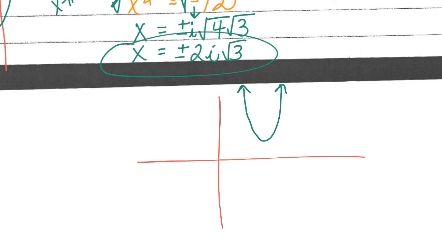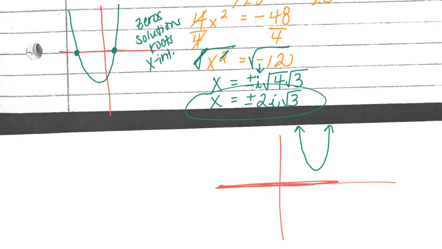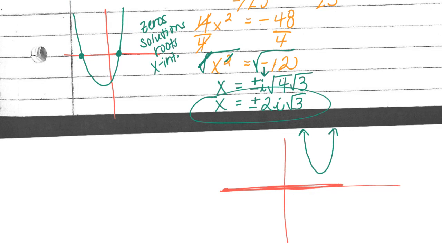So it doesn't really have a solution because never is it touching this x-axis. The other one touched the x-axis, great. This one does not. So therefore, it doesn't really have a real solution. It has what we call an imaginary solution. So the imaginary is the i, and we have these imaginary solutions where, hey, maybe it would have hit here and here if there was this imaginary x-axis.